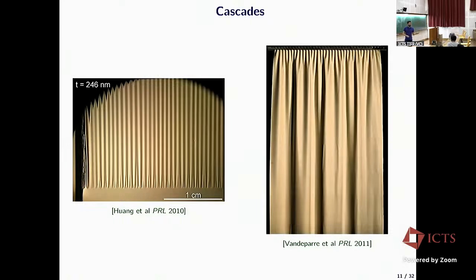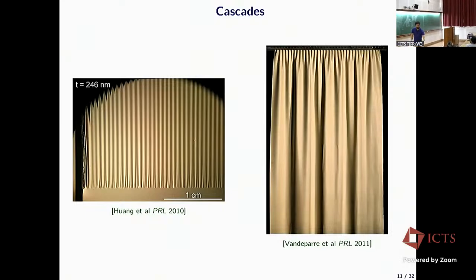So the idea is, if I take an infinitely long curtain, maybe at the end I will just have one big buckle like in Euler buckling, okay? Because I impose compression at the top.